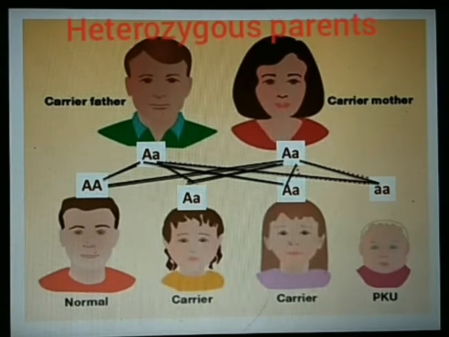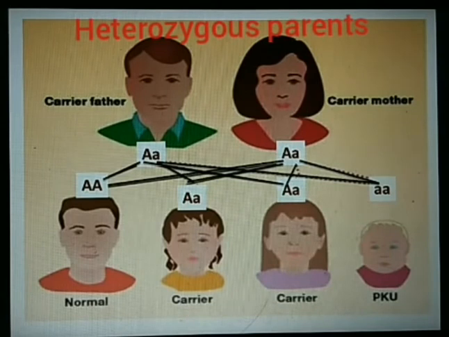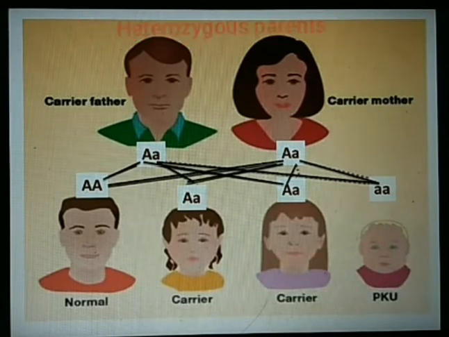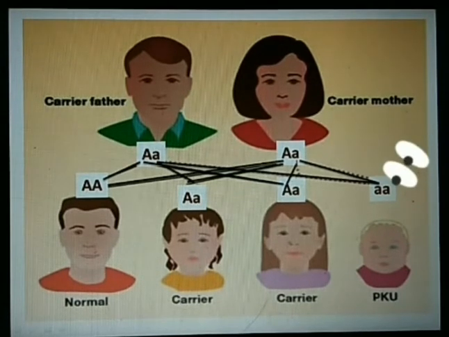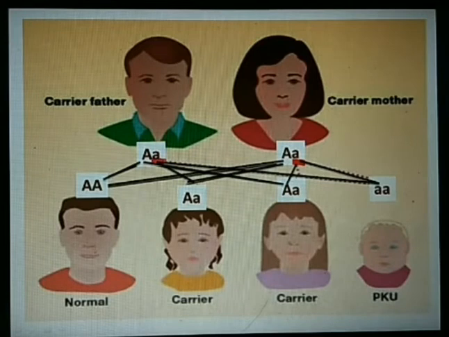The heterozygous parents are normal, but they are carrying this disease, and therefore it leads to phenylketonuria in one of the offspring. Since it is a recessive disorder, the parents should have the recessive allele in the heterozygous condition.